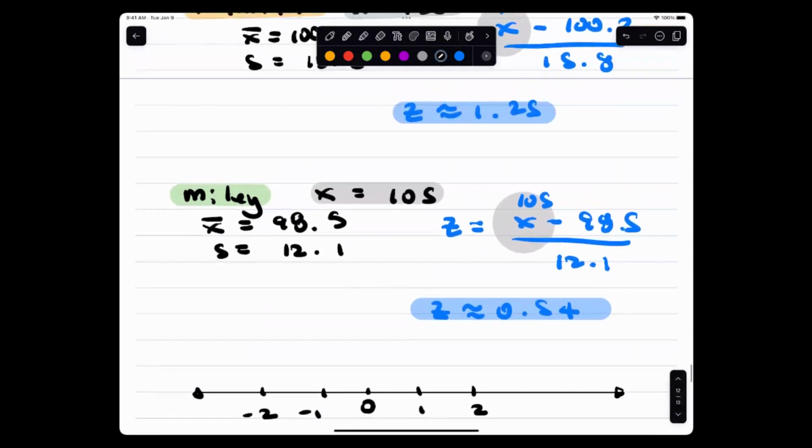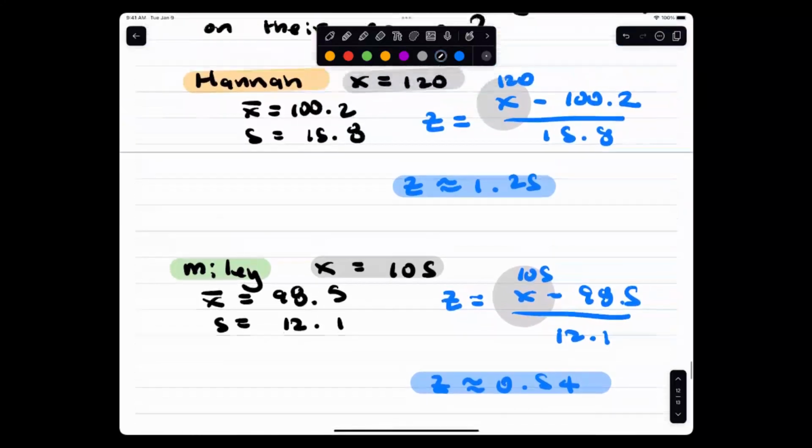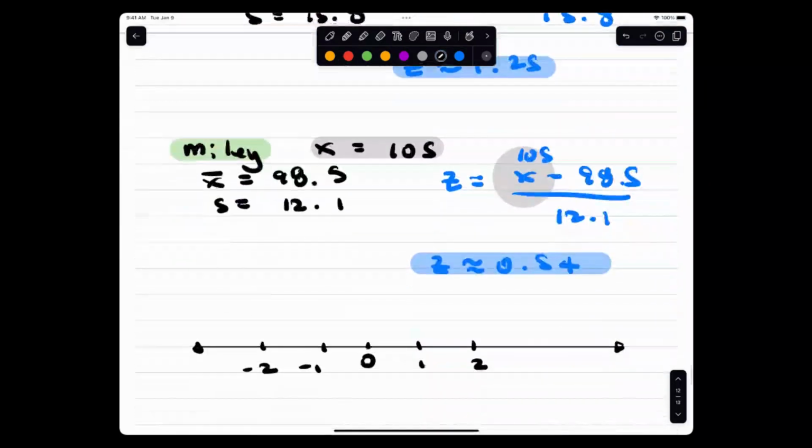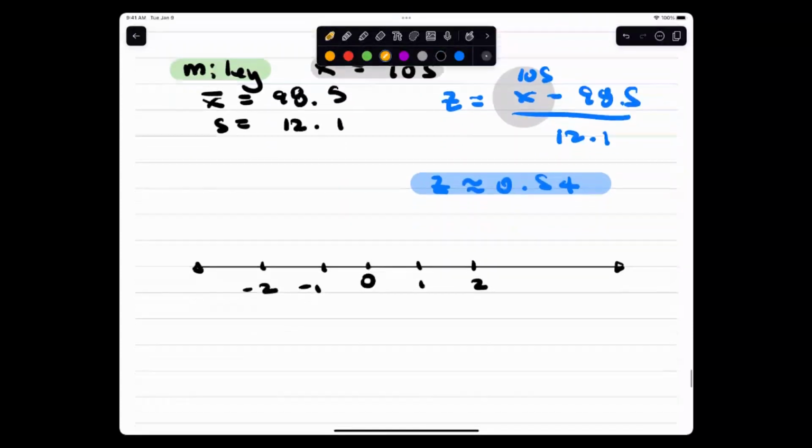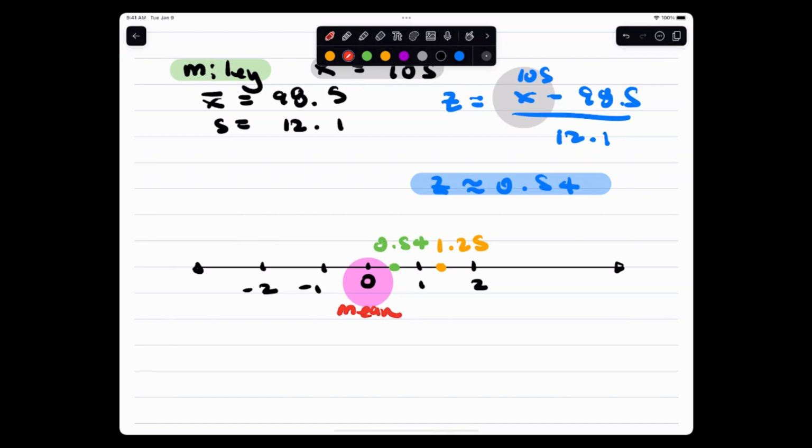So Hannah in orange, 1.25 might be over here. Now in green, Miley's score, I know it's a different test, but this is 0.54. What do you guys know about the z-score of 0 here? Isn't that where your mean is?